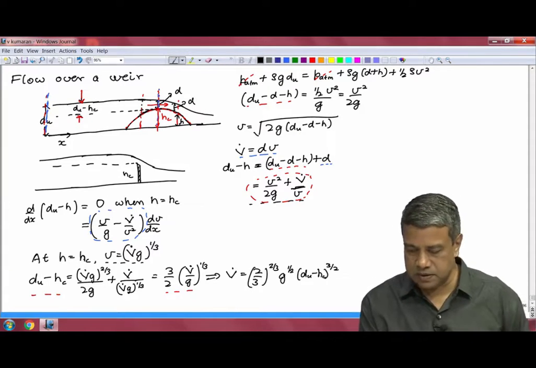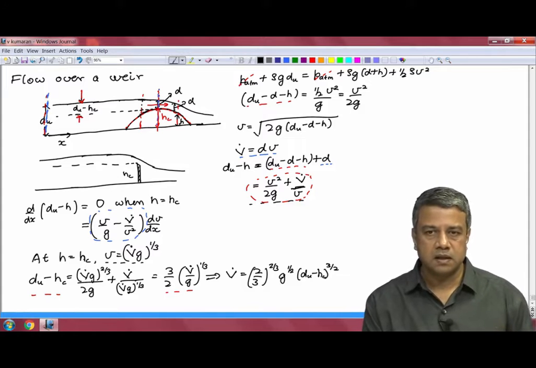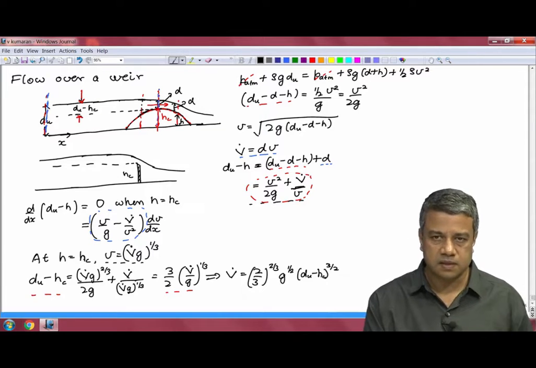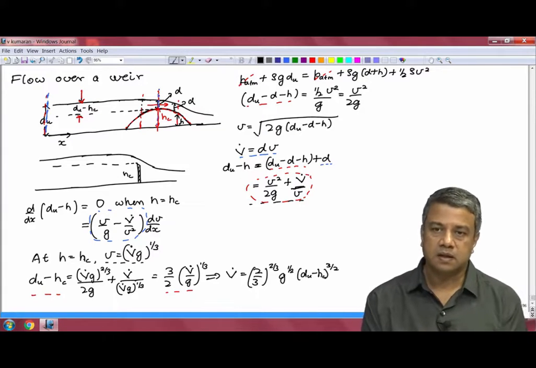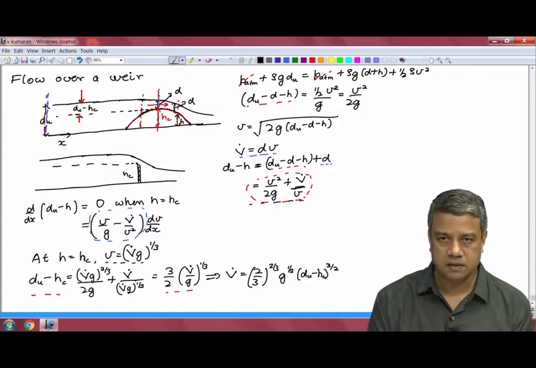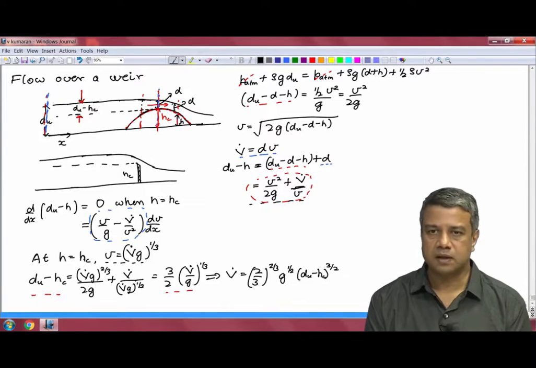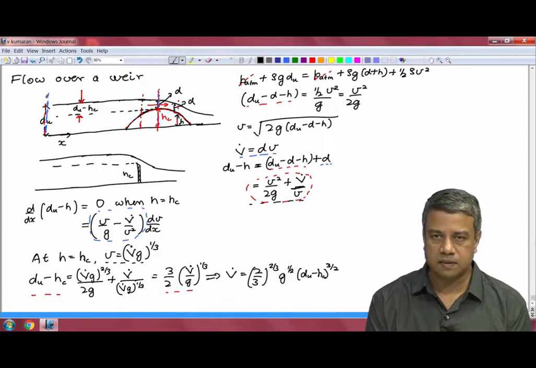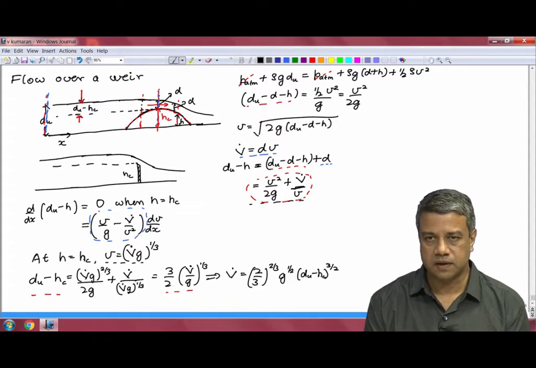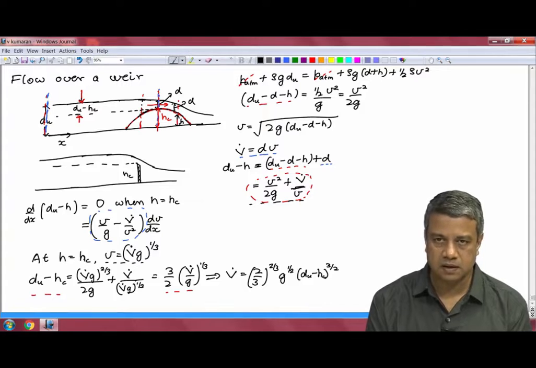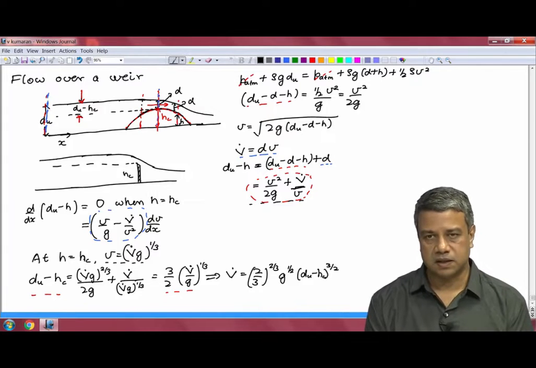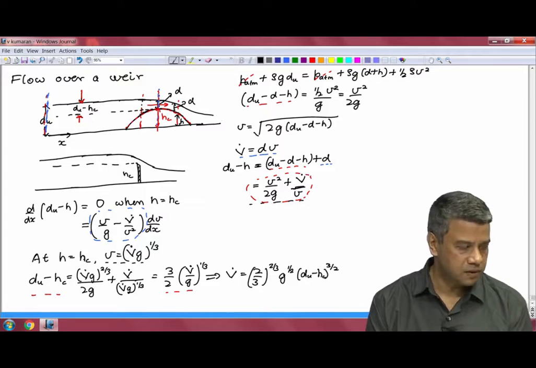So, just by knowing the difference between the height of the fluid far upstream and the height of the obstruction, I can find out what is the volumetric flow rate per unit length perpendicular, multiply that by the width, in order to get the total volumetric flow rate.